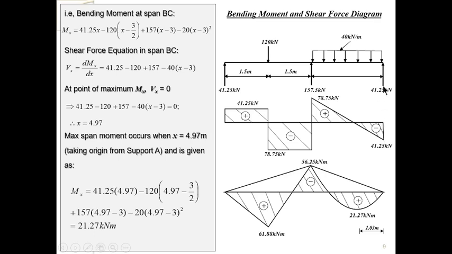And this support reaction at C will push it up by what? 41.25. That will take it back to 0. And by doing that, when you start at 0 and it ends you at 0, it's always a sign that your calculations are right. So this is how the first example has been solved using the three-moment equation.